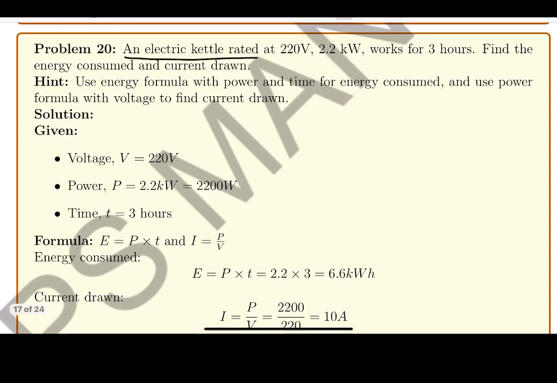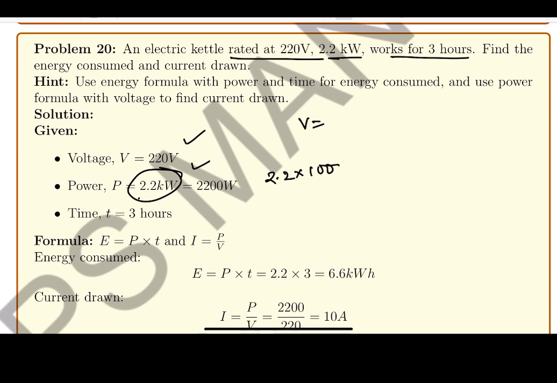An electric kettle rated 220 volt, 2.2 kilowatt, works for 3 hours. Find the energy consumed and current drawn. Voltage is 220 volt. Power is 2.2 kilowatt, meaning 2.2 into 1000 watt.